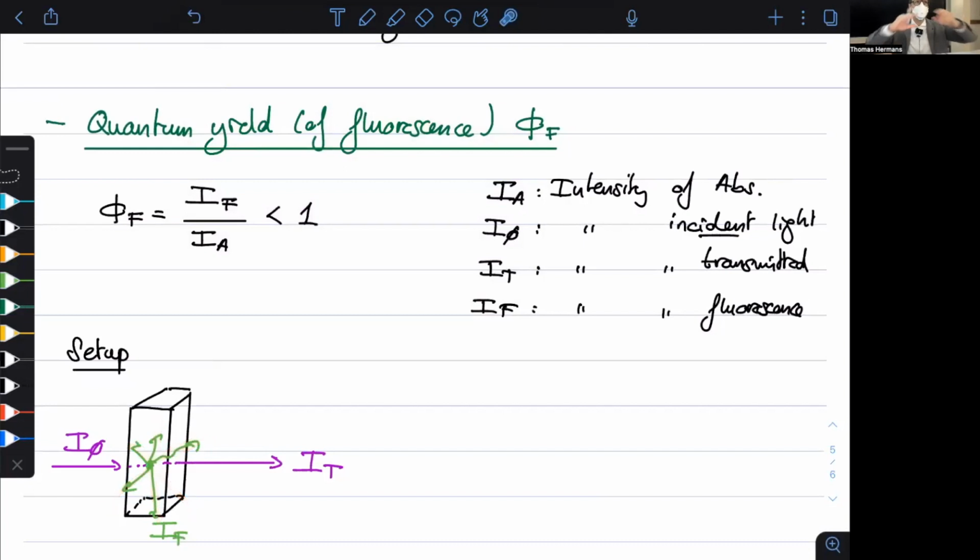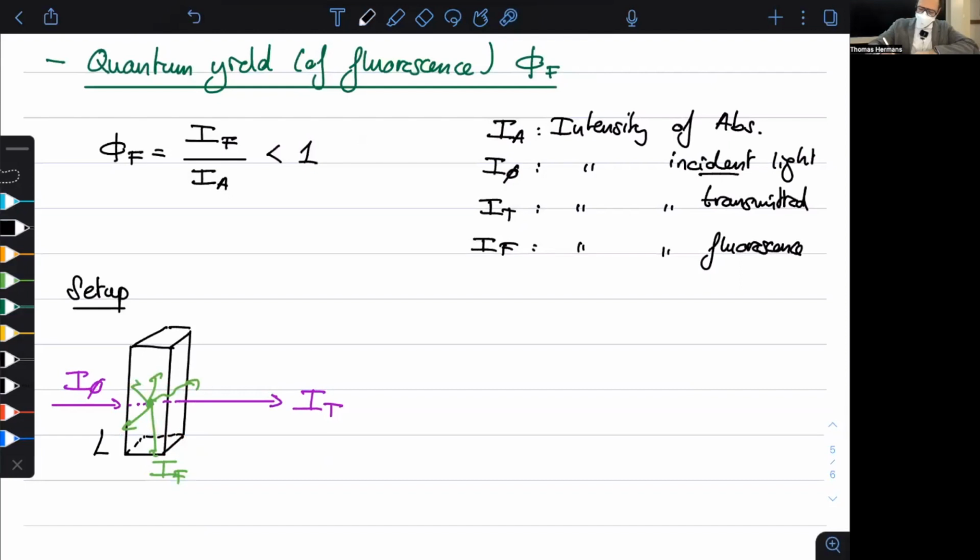The molecules are just swimming in solution, they emit, but the light goes everywhere, doesn't go in one direction. So it's very difficult to capture all this fluorescent light because you would have to have a detector that goes all around everywhere, which typically is not the case. So usually you put your detector here, at a 90-degree angle from the incident light, I0.